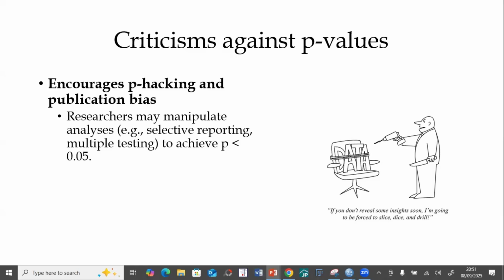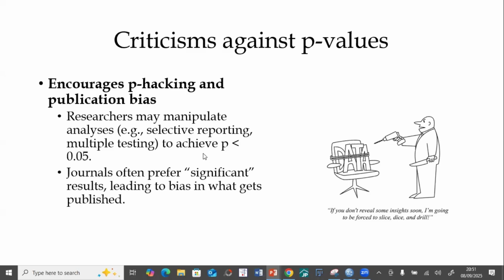And this is what has been cited as one of the major issues around p-value. So you'll find that the credibility of most research that is published is thrown into question. The other thing is that researchers would often think that journals are more likely to favor and accept papers that are reporting quote unquote significant results. And that may be true.